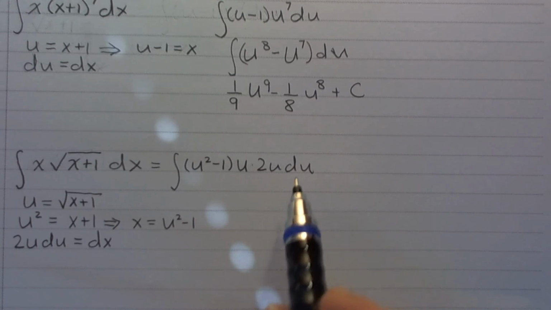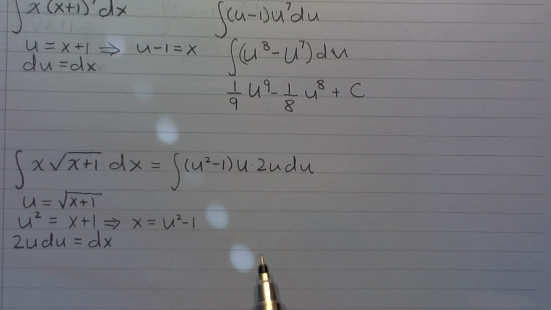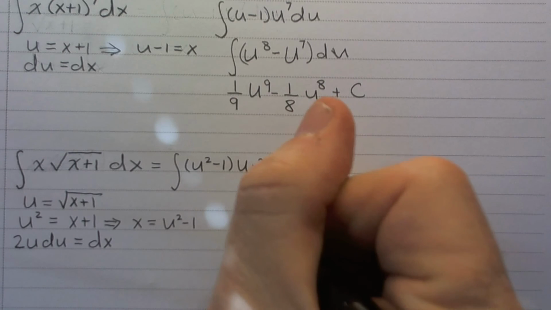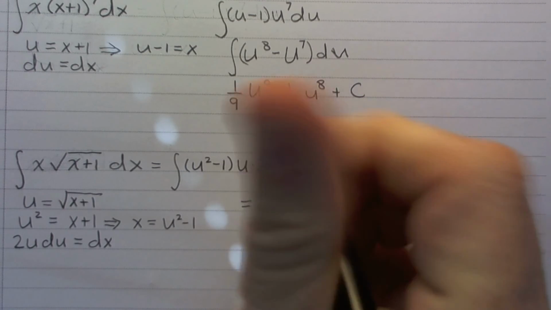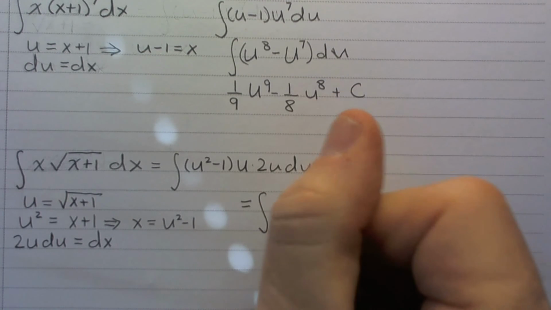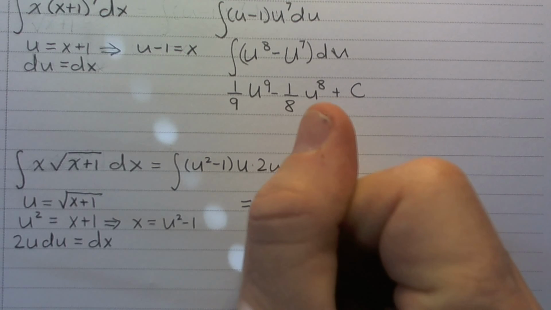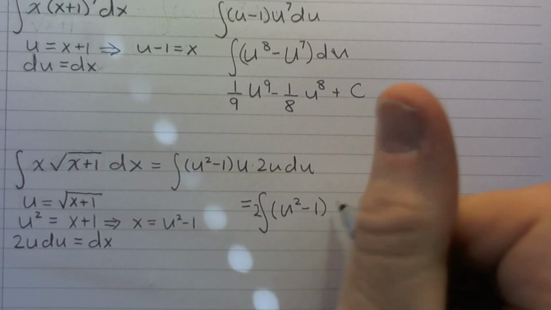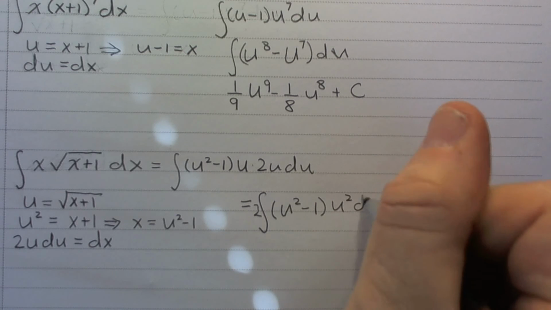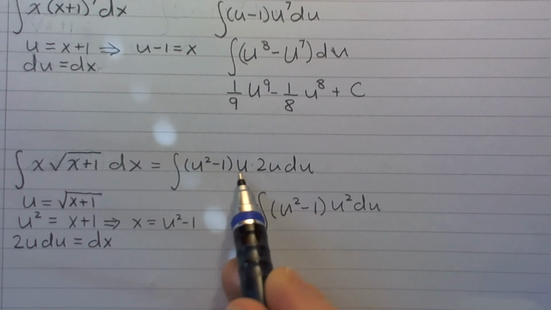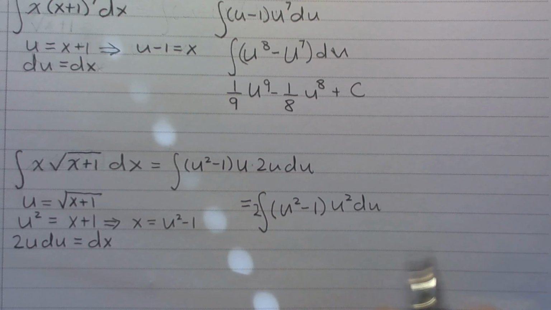Now, this is nice because we don't have any of those fractional exponents. So this should be a little bit easier. Let me work it out a step at a time. This is u squared minus 1, and I'll put the constant, the 2, on the outside, times u squared. I just multiplied the u's together and put the constant on the outside.